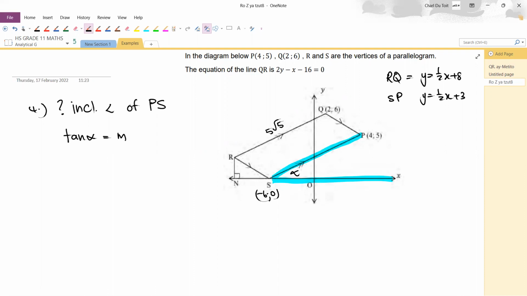I want you to be able to do this analytical geometry work very quickly. This is easy math.